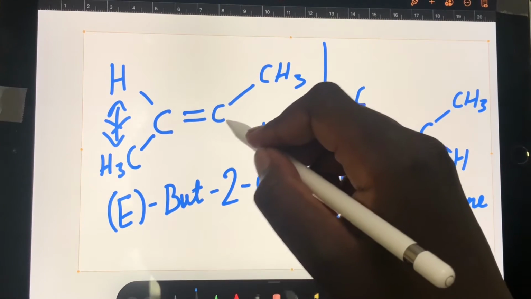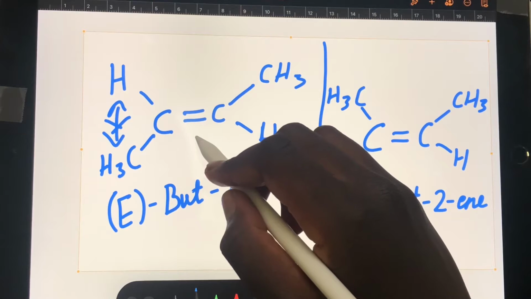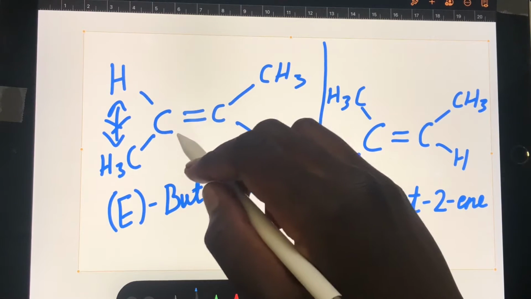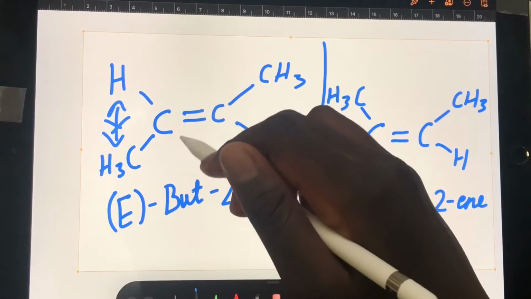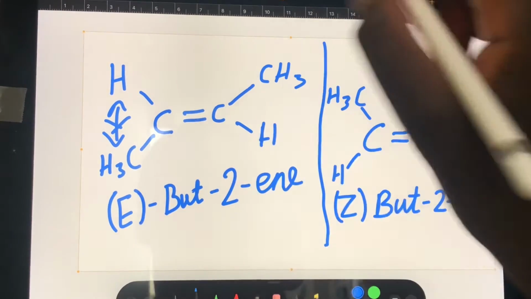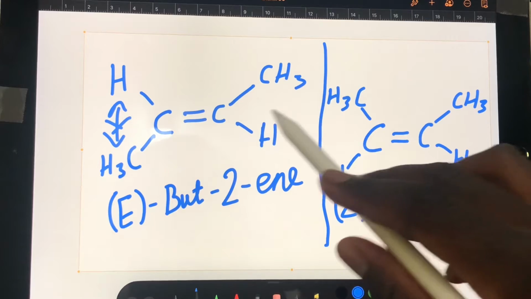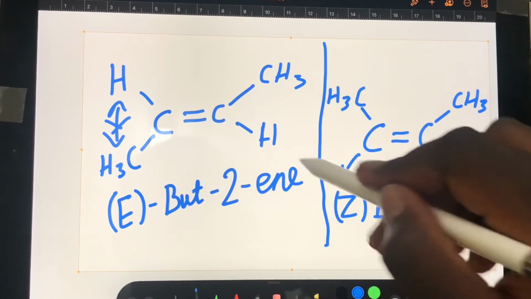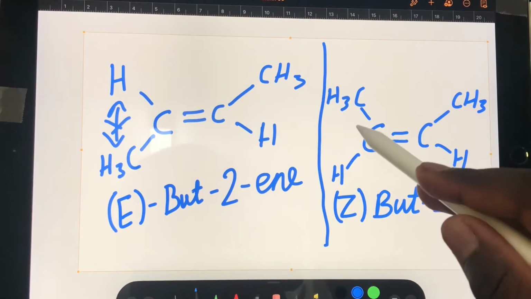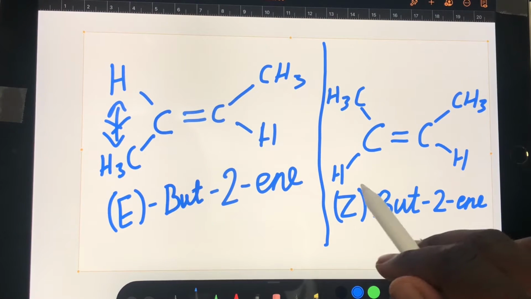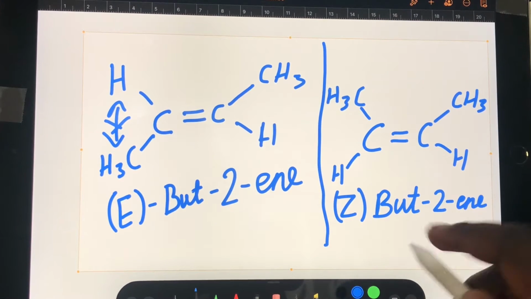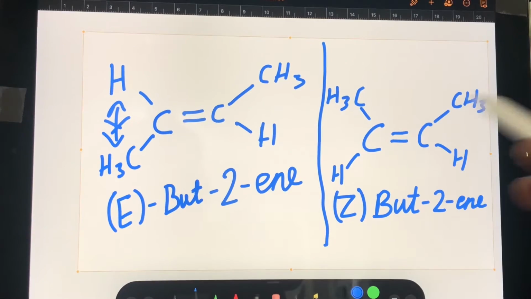So this is all going to be on one plane because of this double bond. And it's the same thing here. So this is always going to be opposite here, and this is always going to be same side here. And that's why these two are geometrically different. Optical isomers are different. I'm going to explain that now.